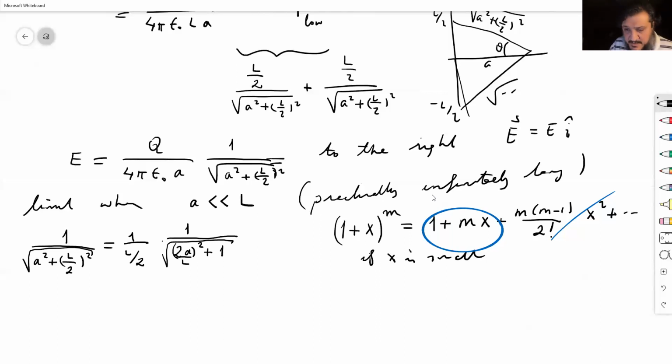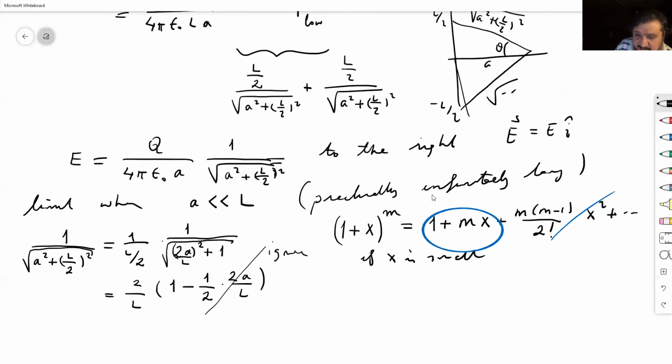Okay, so using this approximation then, this is equal to 2 over L times 1. Okay, m is negative 1/2. And x is like 2A over L. I hope it's not getting too complicated, but basically I'm doing this so that I can get rid of A over L. Remember, A over L will be very small, so I can ignore this.